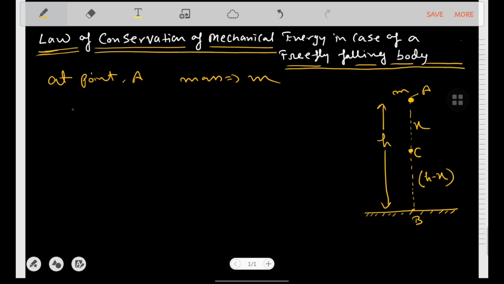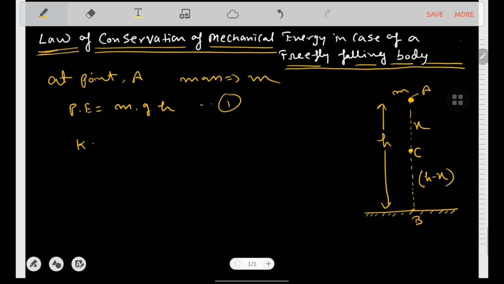That is why at point A the gravitational potential energy is equal to m into g into h. According to the formula, we know that PE equals mgh. That's why this is the first equation for us: the potential energy at point A is mgh.